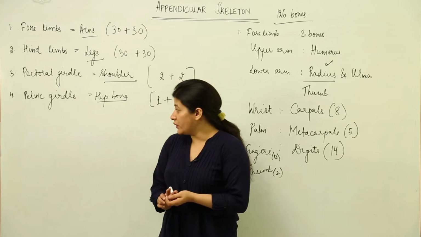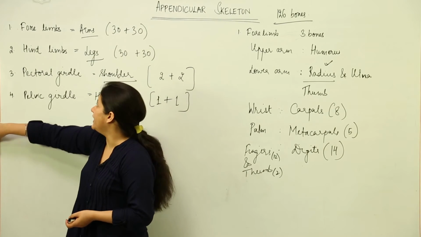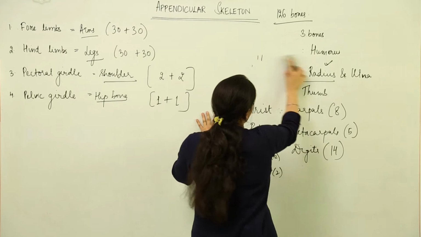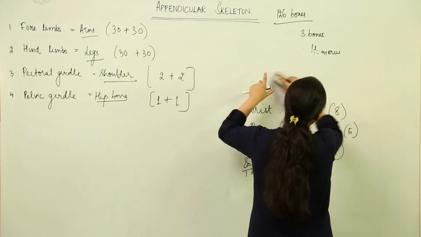Now next what we are going to study is the hind limb. In case of hind limb, again there would be 3 long bones.